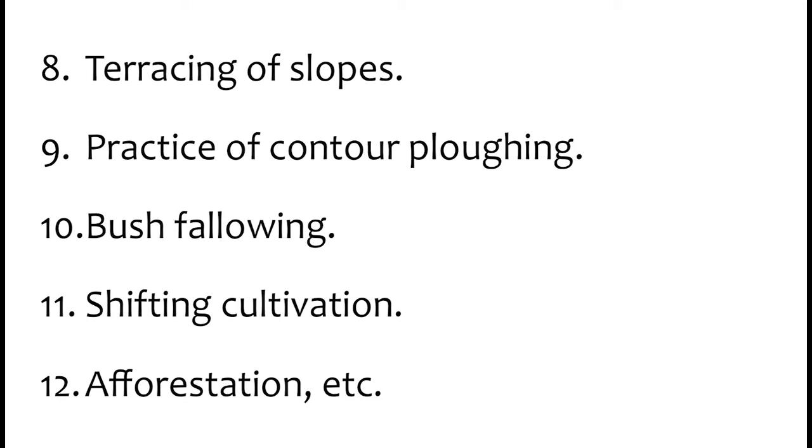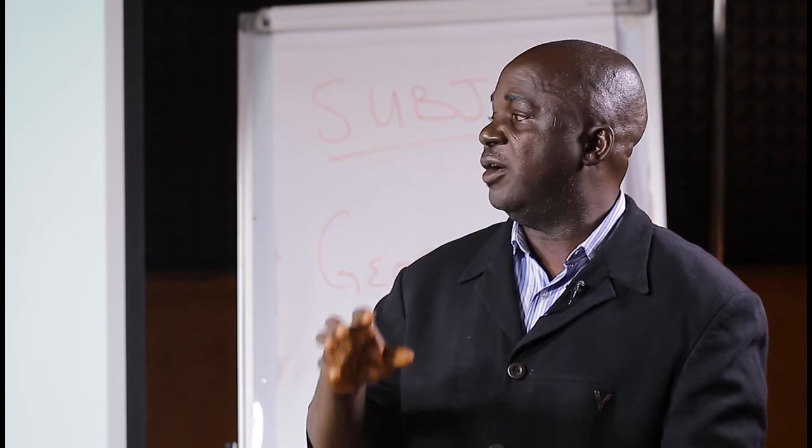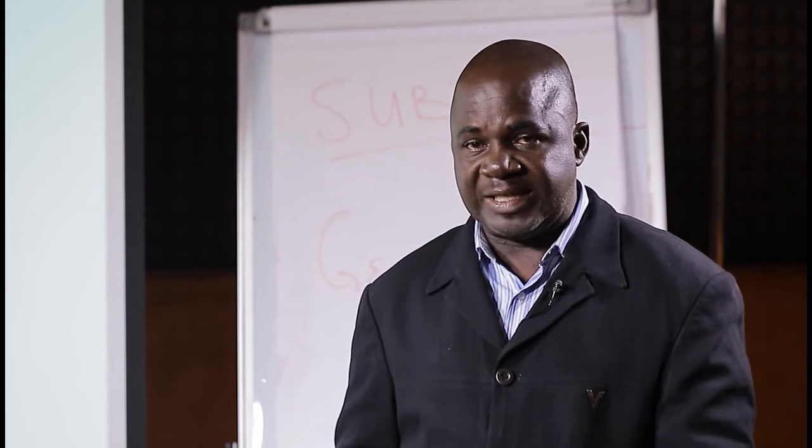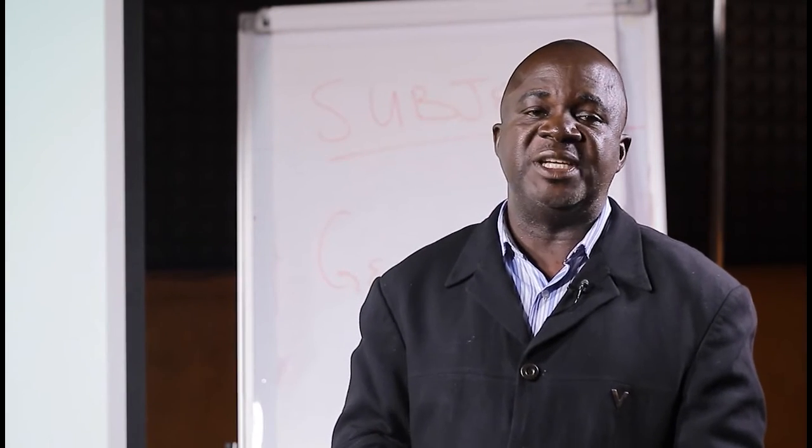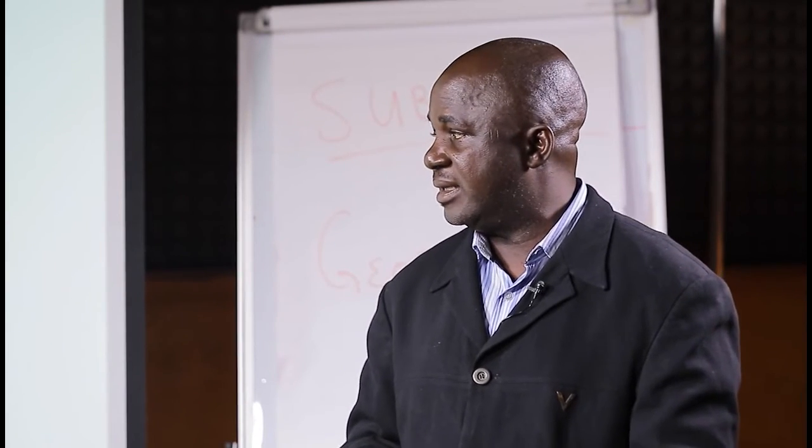Number 8, terracing of slopes. This also helps greatly in conserving our soil. Number 9, practice of contour ploughing. Instead of ploughing vertically, we need to plough horizontally, especially on hilly areas.